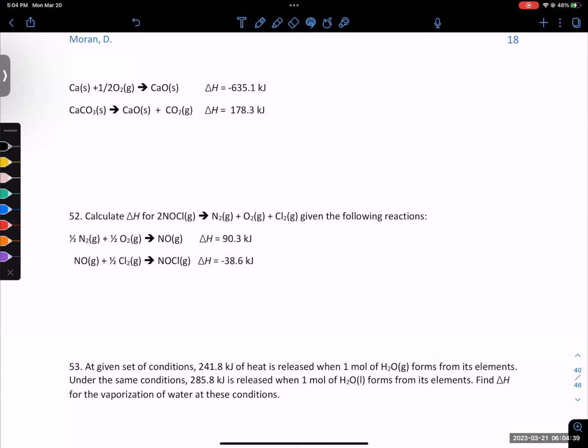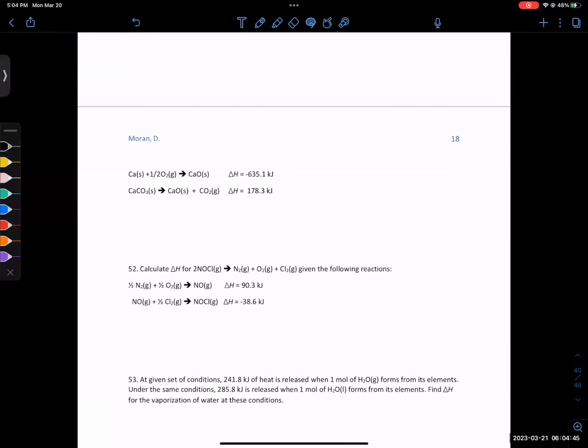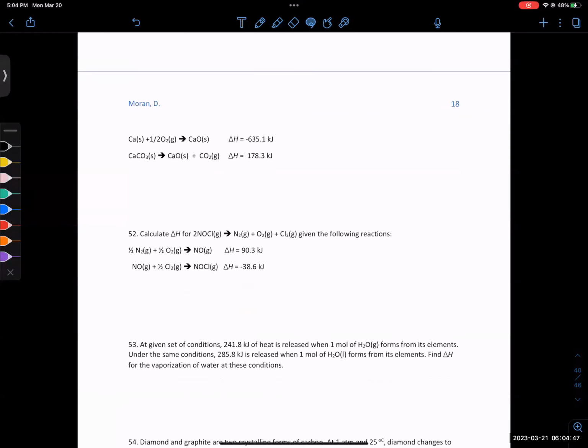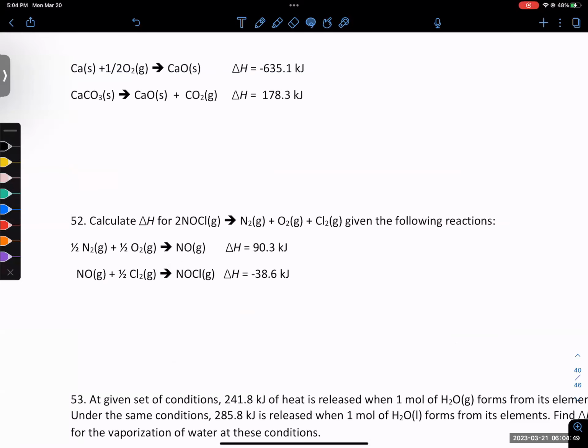Yeah. Don't remember it? That's what we're here for. So go ahead and try number 52. Give you 3 minutes. Calculate delta H for this reaction where calcium, oxygen, and carbon dioxide go to calcium carbonate.